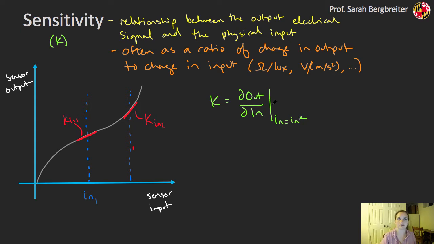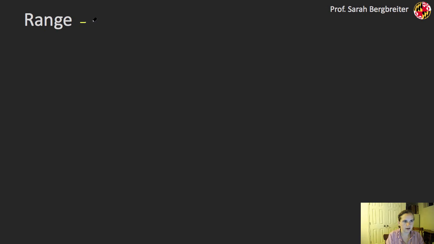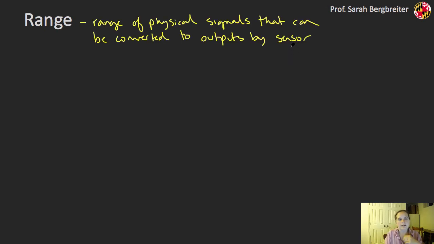that nonlinear sensitivity. And speaking of range, that will be the range of physical signals that can be converted to outputs by the sensor. And oftentimes you're talking about an input range. So Rin, the input range, might be defined as the maximum input signal that you can measure minus the minimum input signal that you can measure.